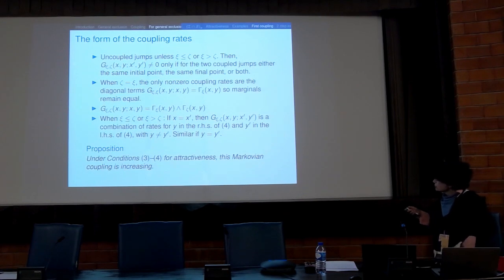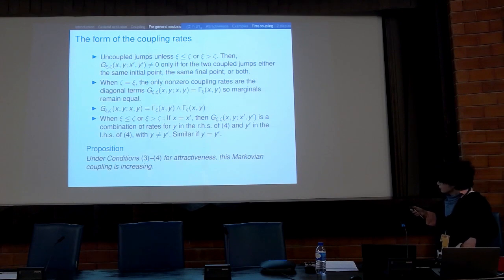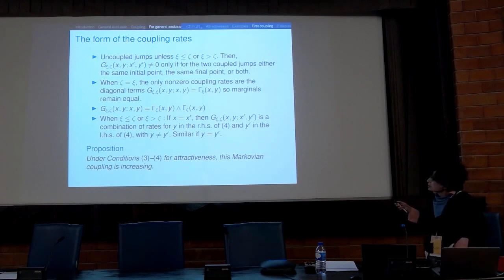What we can say is first that if we have the jump rate for psi, zeta with the same departure and arrival, xy, xy, then it will be like for basic coupling, the infimum of gamma psi and gamma zeta. And if, moreover, you assume that psi equals zeta, then we just get the diagonal terms, which are the only non-zero coupling terms, and marginals remain equal.